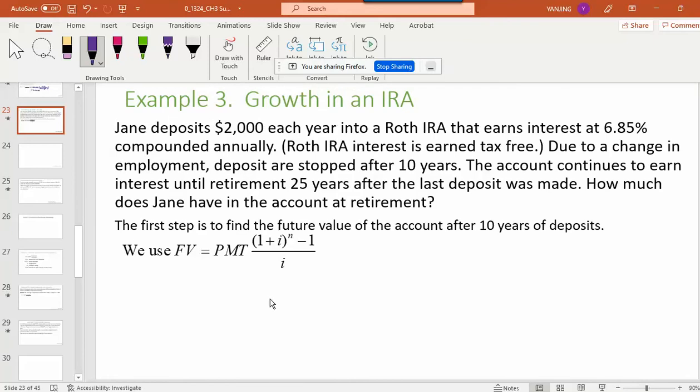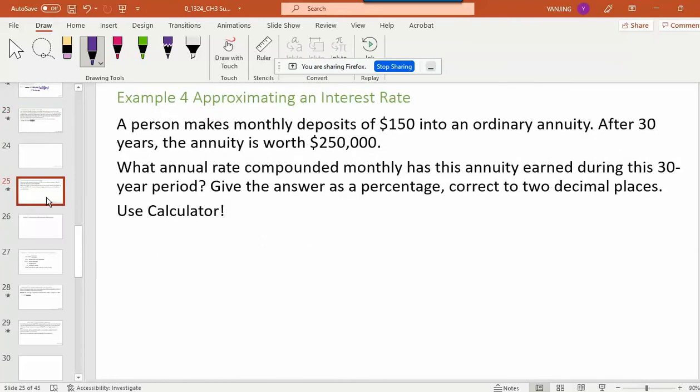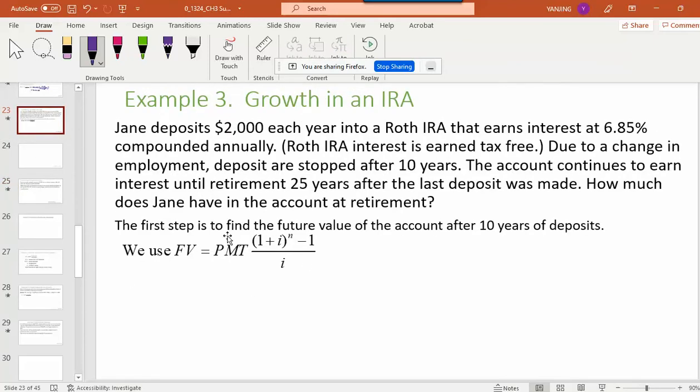All right, I think there's growth in IRA, right? This is a very interesting question. I think I also have an institutional learning outcome similar to this one, so you want to know how to solve this. Jane deposits $2,000 each year into a Roth IRA.